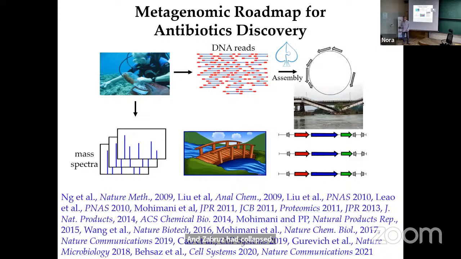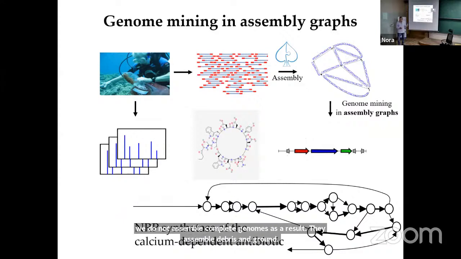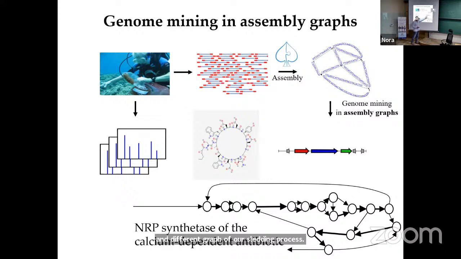Because we assumed that we can assemble complete genomes. But we do not assemble complete genomes. As a result, we assemble an assembly graph, and the assembly graph allows many paths. Since these NRP synthetases are some of the longest proteins known, they are broken into many pieces in the assembly graph.